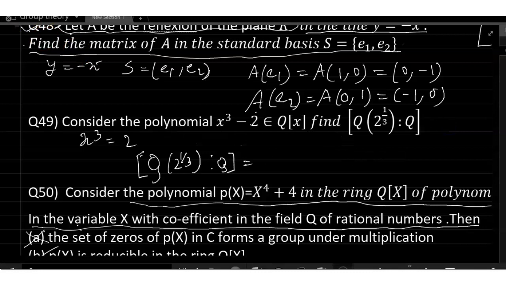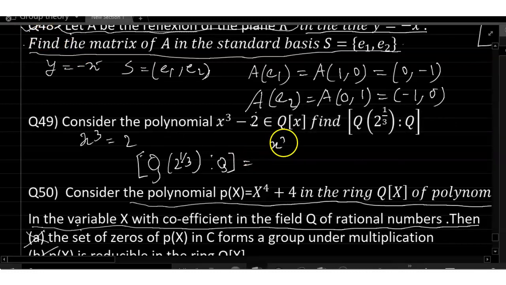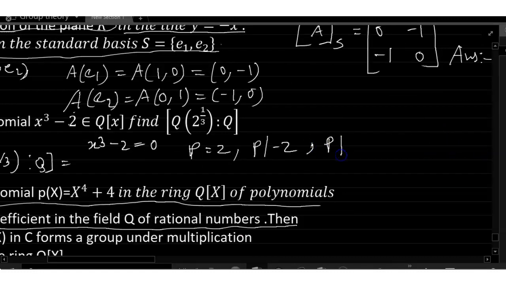So friends, x cube minus 2 equals 0. Let p equal 2. Then p divides minus 2, p does not divide 1, and p square does not divide minus 2.